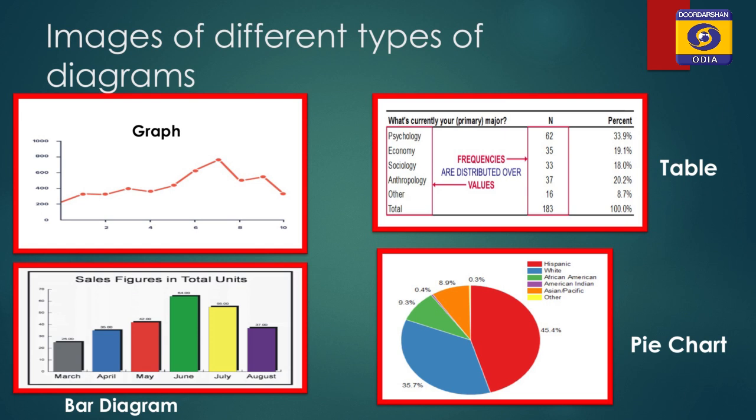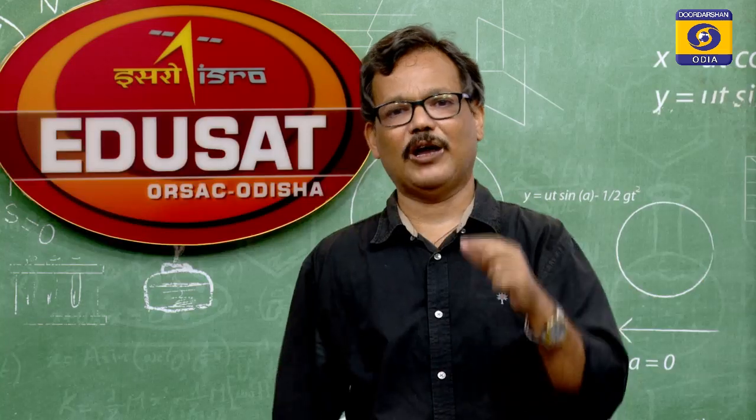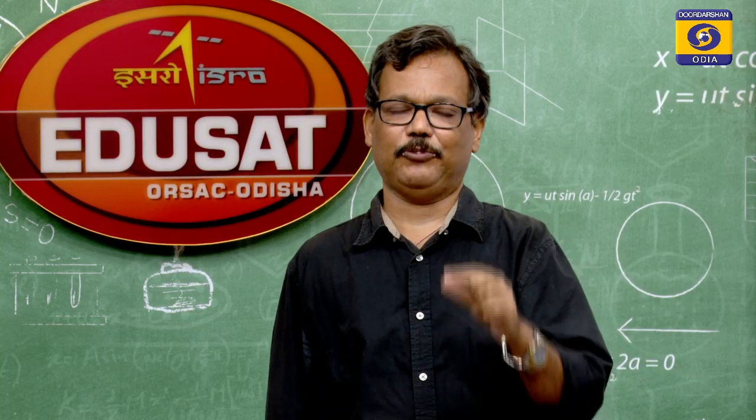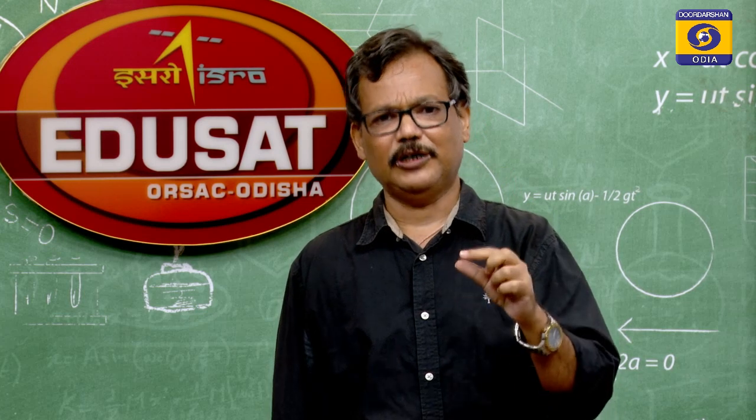So, remember, we draw a bar diagram when we feel a need to make a comparison between items. If there are two items, then also we can draw a bar diagram. If there are more than two items, say onion, potato and tomato, then also we can draw a bar diagram. One bar for the onion, one bar for the potato, one bar for the tomato.